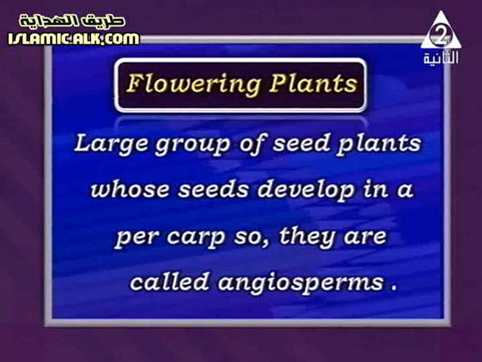So simply, we can translate it to English: angiosperms are plants whose seeds are developed and formed inside a cover. This cover is called pericarp. That is all, okay? We have two great types, the angiosperm and the other type, which is gymnosperm. Right now we're going to study angiosperms. We didn't study gymnosperms, okay?